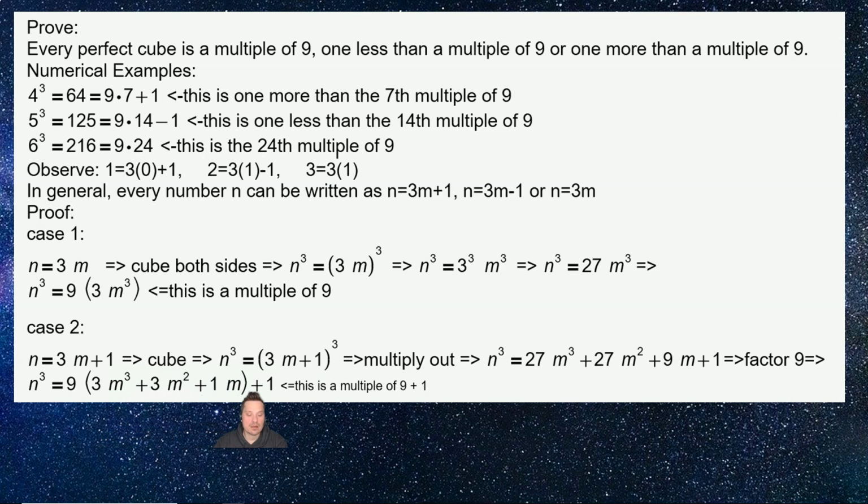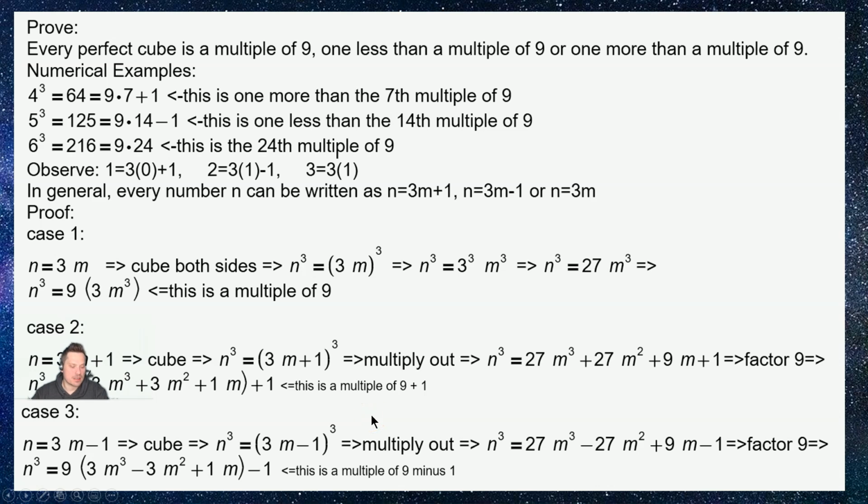This is saying it's a multiple of 9 plus 1. In other words, we have proved the part that says 1 more than a multiple of 9. Just like case 1 proved that every perfect cube is a multiple of 9, the third case is to prove 1 less than a multiple of 9.